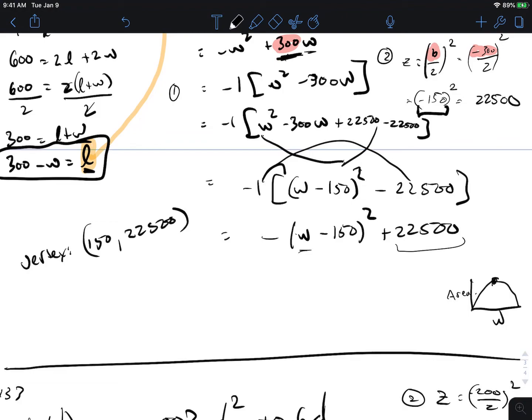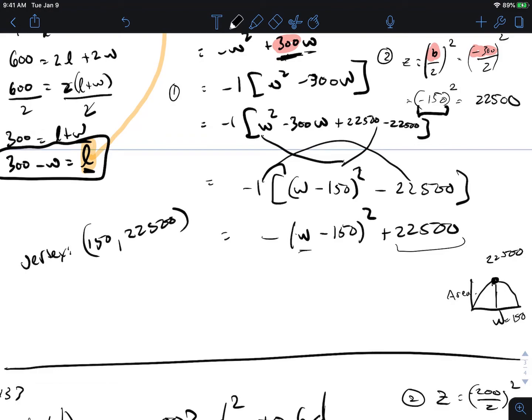Well, this is 22,500, right? And it occurs when the width is 150. Okay? So that's what the vertex means in this question.